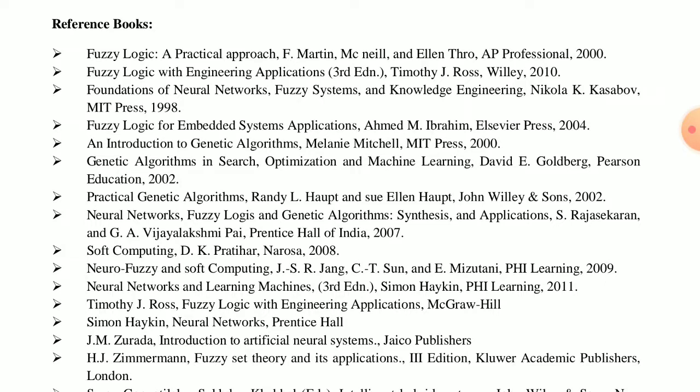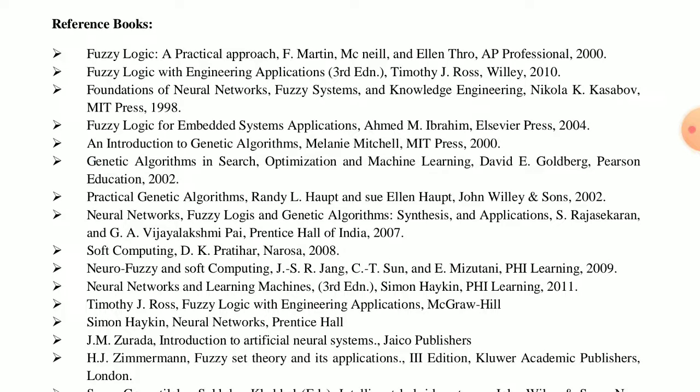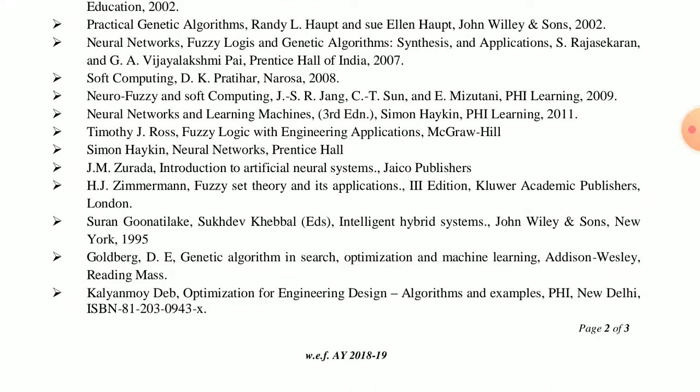In this subject you can use the fuzzy logic books, the first book and second book, then the genetic algorithm books list is given, then neural network books are given. So you can prefer any reference book from this list.